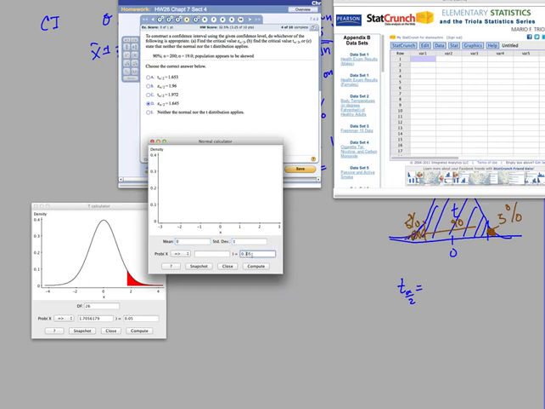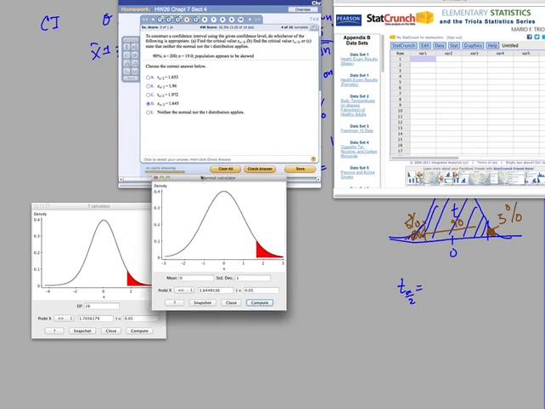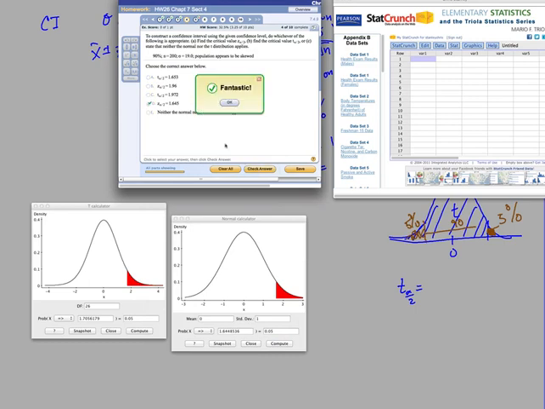Just make sure I'm okay here. 0.05. That should be right. See, if 90 is in the middle, then 5% is to the right. 1.645. Okay, so I just proved it to you. That's how you find your critical values.